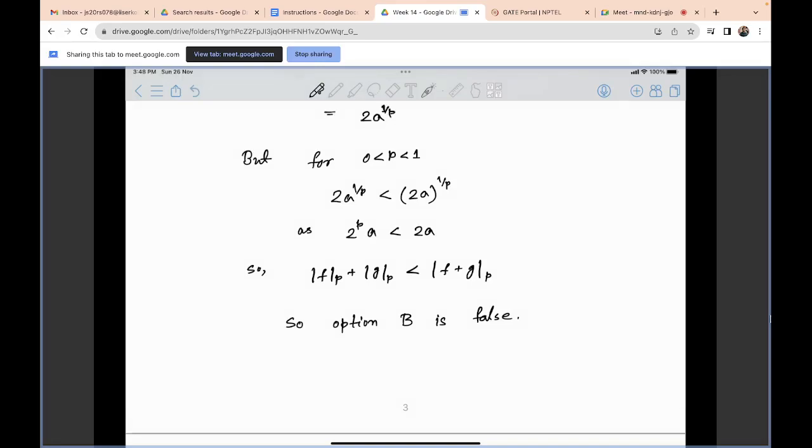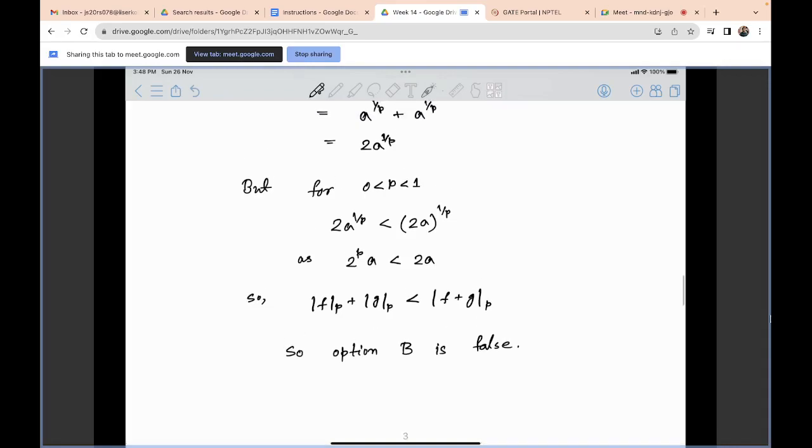Okay, so we have shown that this satisfies the reverse triangle inequality, meaning the norm of f plus the norm of g is strictly less than the norm of f plus g. So therefore option B is false.